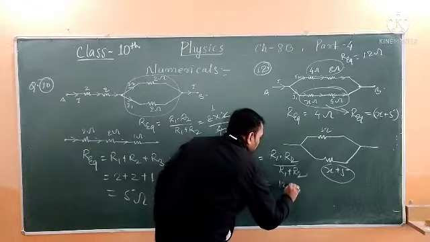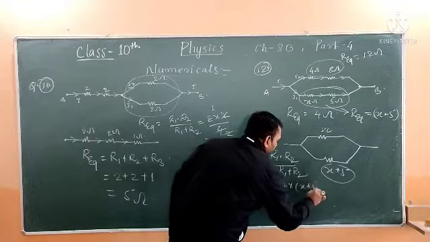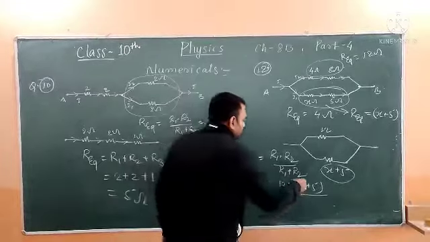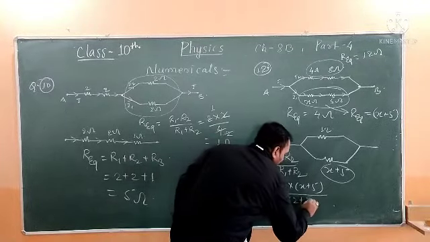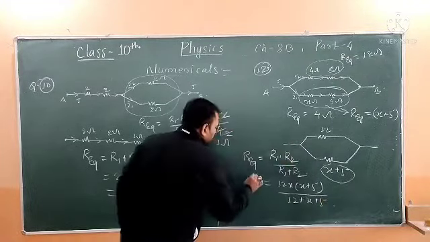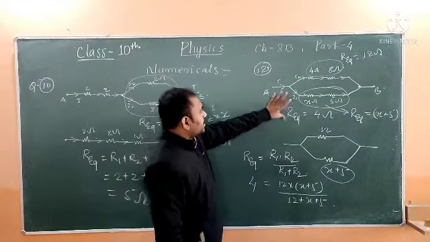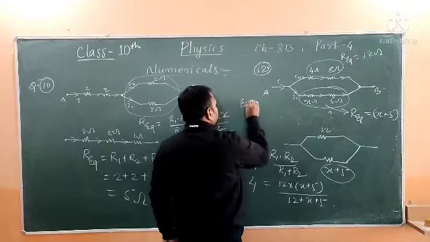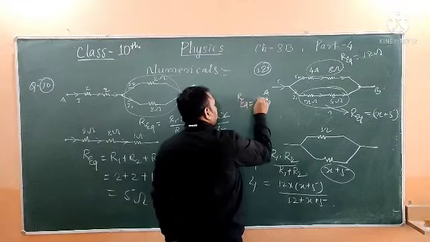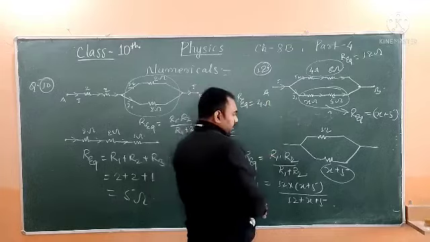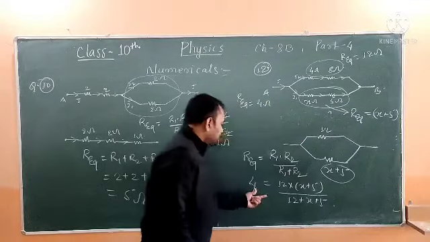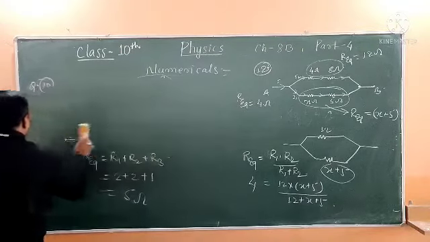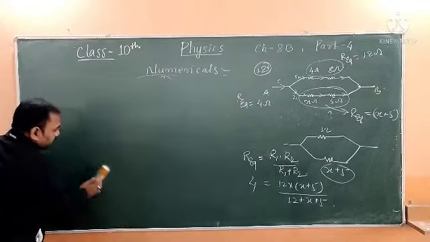The product 12 into X plus 5, divided by 12 plus X plus 5, is equal to 4, since the equivalent resistance of the circuit is given as 4 ohm. Now we will find the value of X by solving the equation.